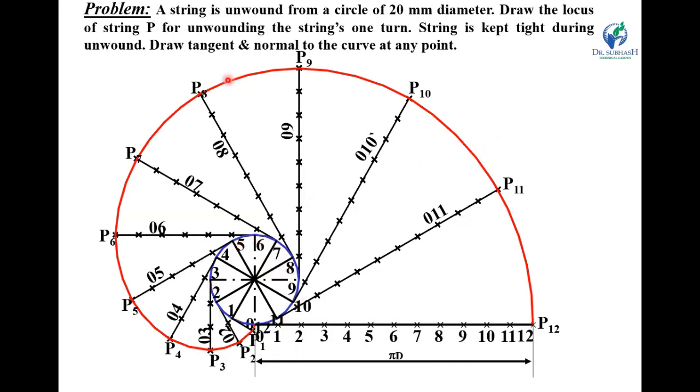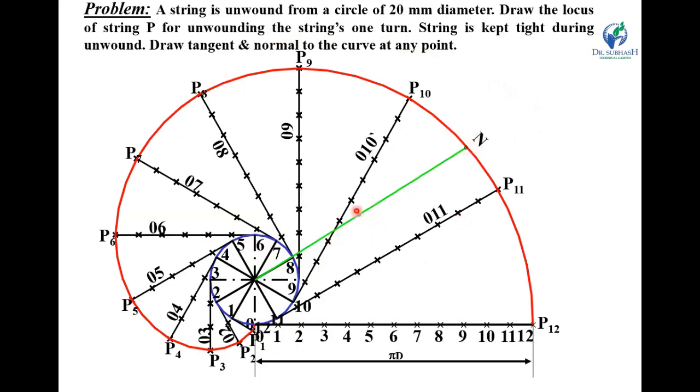Now we have to draw the tangent and normal at any point. Say for example, we have to draw the normal and tangent at this point N on this curve. For that, join this N with the center of the circle. Now find the midpoint of this line.